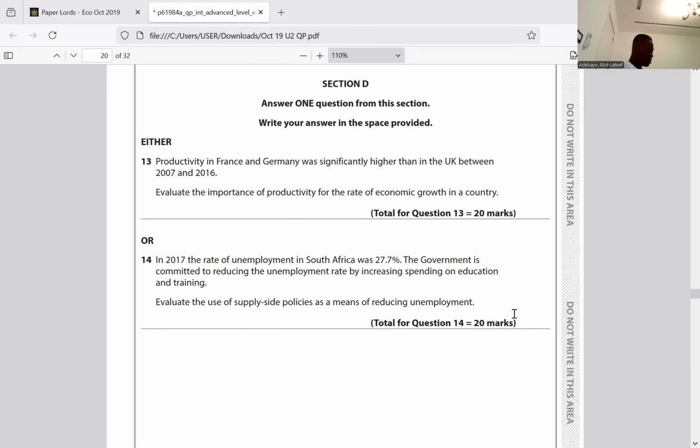Investment in physical capital and human capital. Technological progress, technological advancements, trading, globalization, exports. So these things can also bring about economic growth.